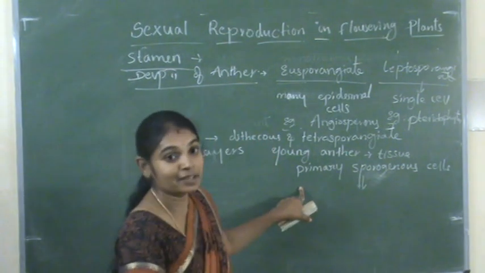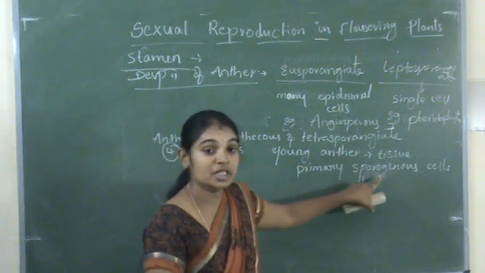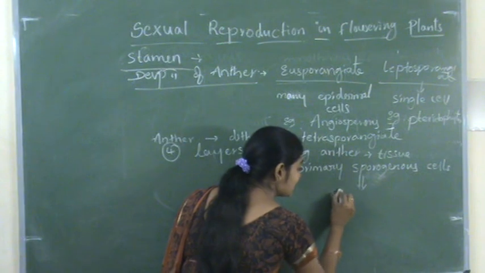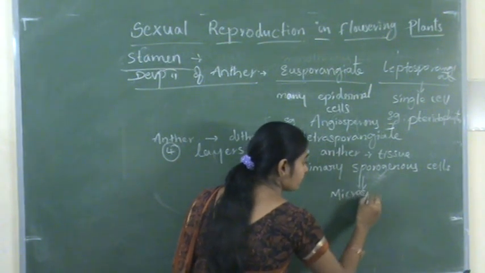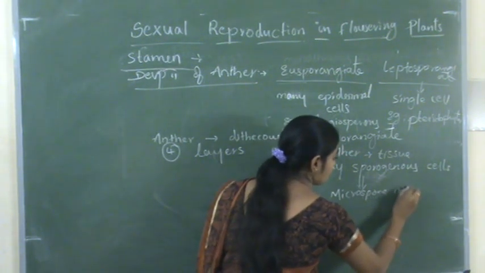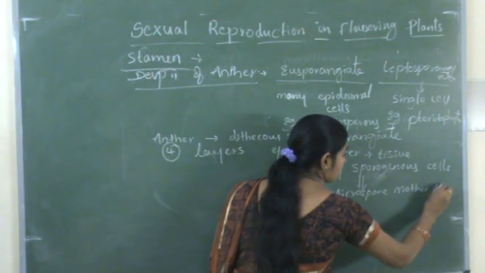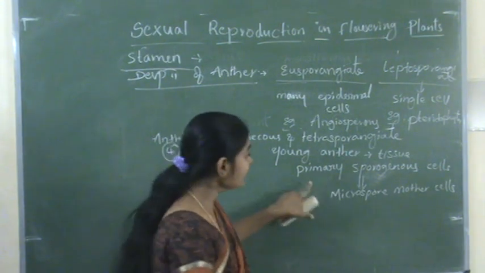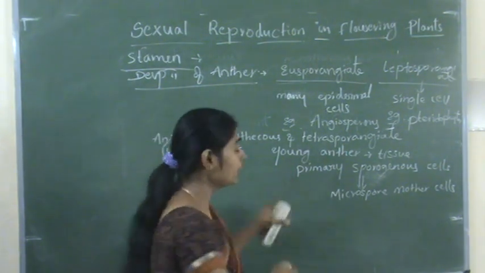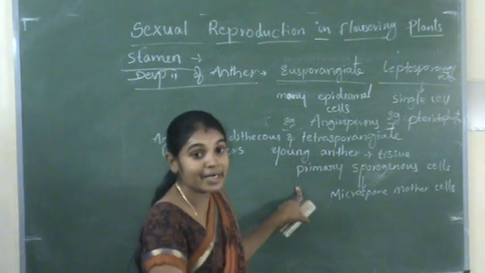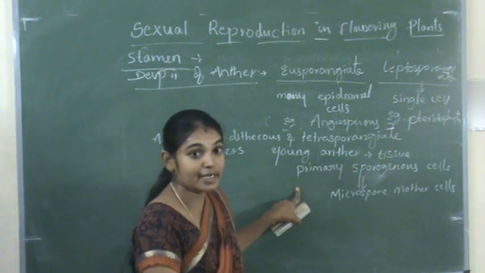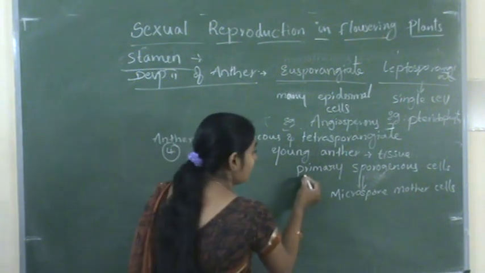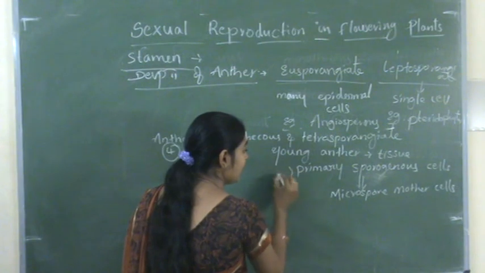On maturity of the anther, these primary sporogenous cells develop microspore mother cells. Here we have to remember a very important thing, that is the ploidy of the cells, whether it is haploid, diploid or polyploid. Primary sporogenous cells are diploid.